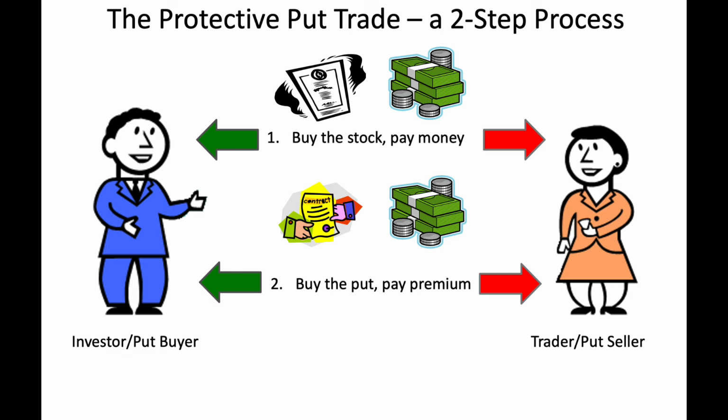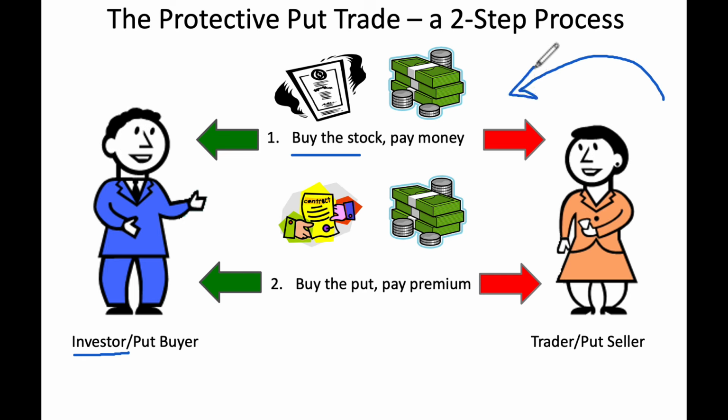Now, I'm just giving you one of the many, many different strategies that you can put on to take advantage of the put option. But please understand that if you're an investor, I'm assuming at this point that you own the stock. So the stock is purchased, obviously, by you, and you have to pay money to the person who's selling you the stock.